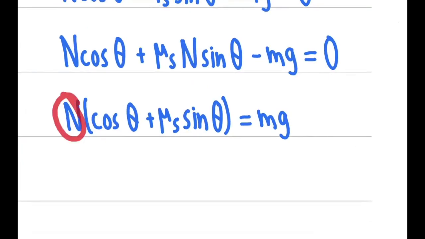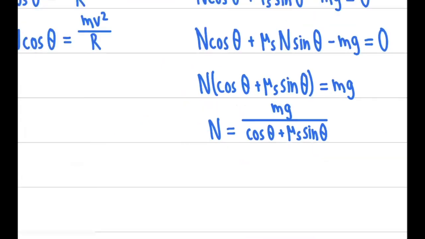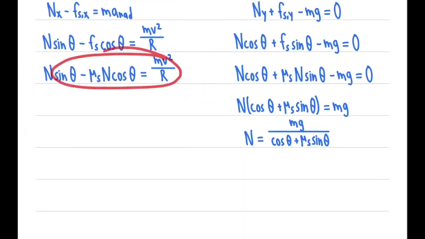And to isolate N, now I just have to divide both sides by cosine theta plus mu s sine theta. So you get N equals mg divided by the quantity cosine theta plus mu s sine theta. So we know theta, we know mu s, we know g. The only thing we don't know is m, but we'll worry about that in this equation.